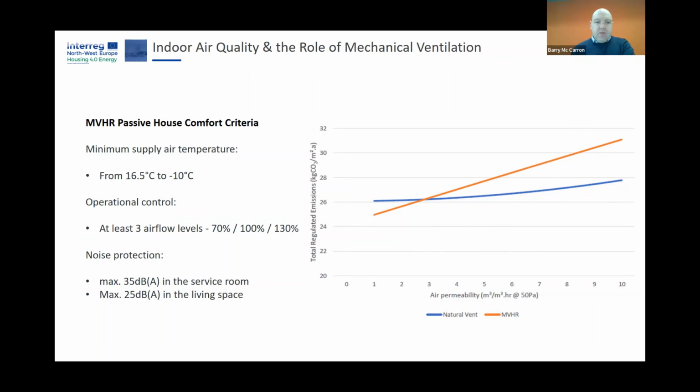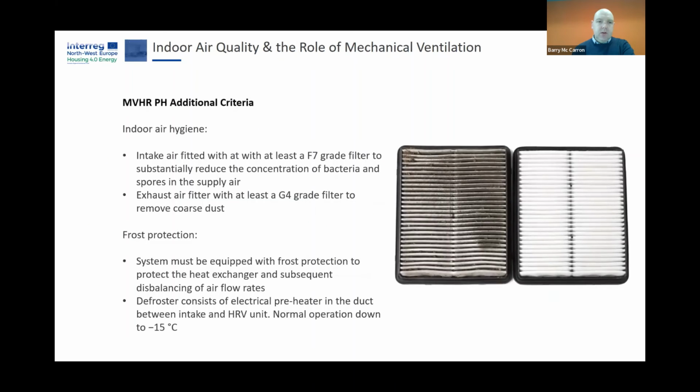And the units themselves have to comply with low decibel levels as well. So that's one of the things as well. And again, the filters I talked about, you've got an F7 and a G4 filter typically in most units, and again, we can even up those filters to F9 if needed, or if there was a particular requirement in the house, and that doesn't really affect the performance of the unit at all either.